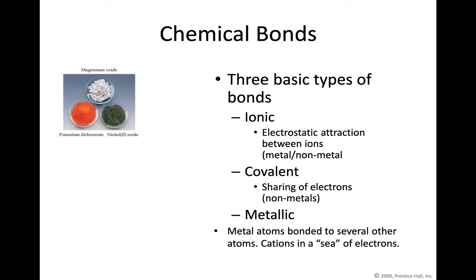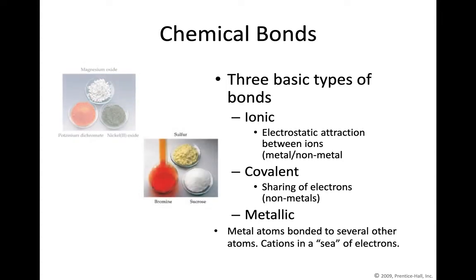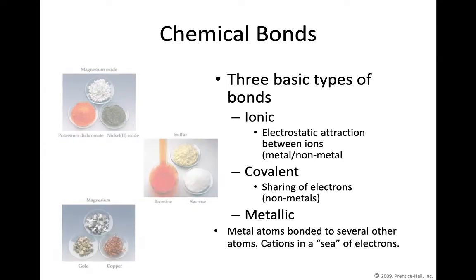Covalent bonds, which were distinguished by sharing electrons. These formed between two nonmetals. And metallic bonds, which naturally formed between two or more metals, which are distinguished by their sea of electrons, all of the electrons being shared between the metal atoms. And here are some examples of those bonds.